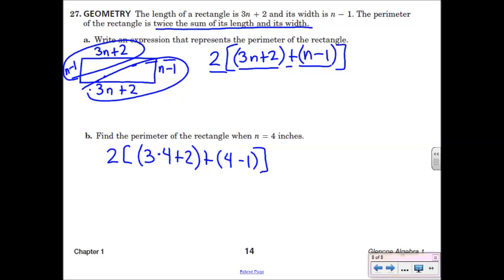So we look at the parentheses, and in this case the first parentheses are the square brackets. And then inside those square brackets are parentheses, so we do those first. So the first thing that I'm going to take care of is this multiplication in the first parentheses. 3 times 4 is 12.